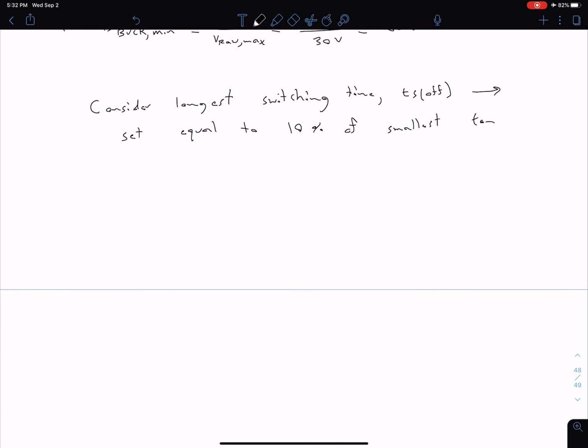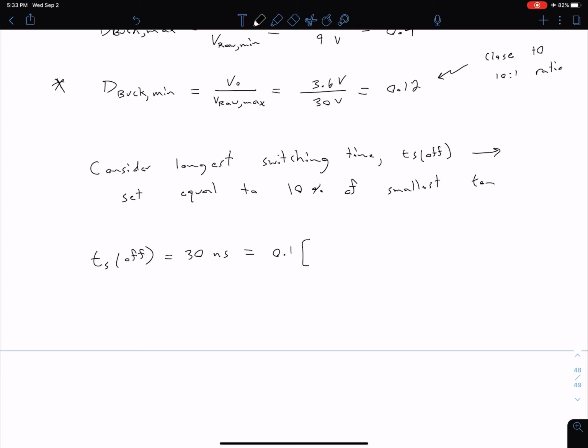So what we can say is we have our T_S off, and we know that that's equal to 30 nanoseconds from our specifications. And what we want is we want this to be equal to 10%, so 0.1 times our T on associated with this case here. So remember, our T on can be written as D times T. So I'm going to write D, and this is D min, because that's going to be our smallest T on.